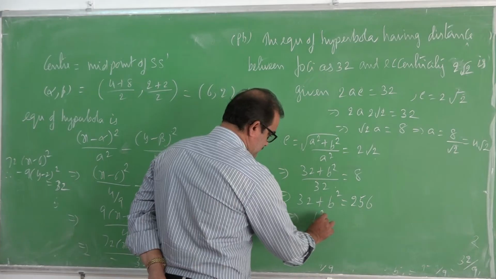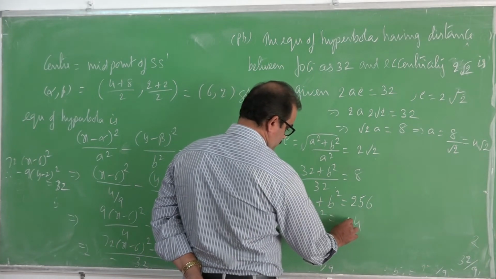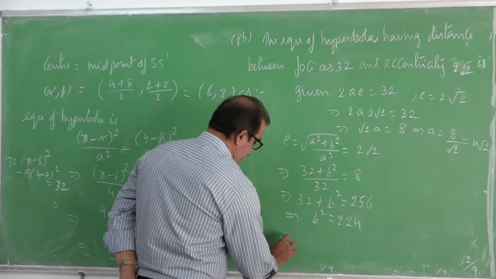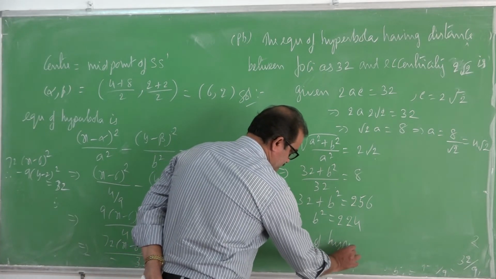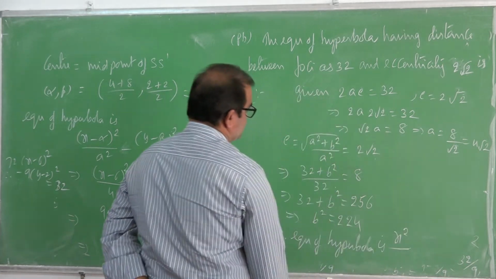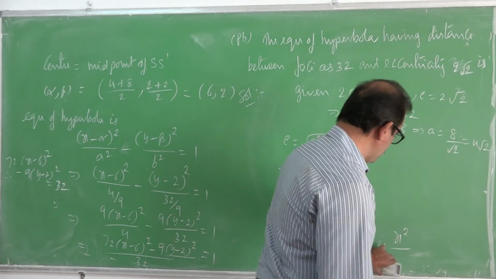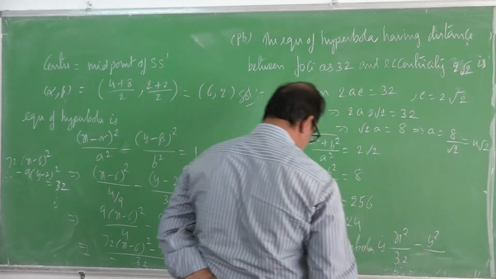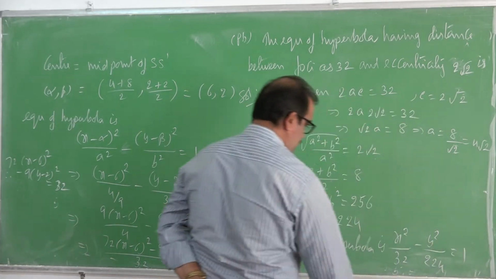So B square is equal to 256 minus 32, which is 224. Therefore, the equation of the hyperbola is x square by A square. What is A square? A value is 4 root 2, so A square is 16 into 2, 32, minus y square by B square. B square is 224, is equal to 1.